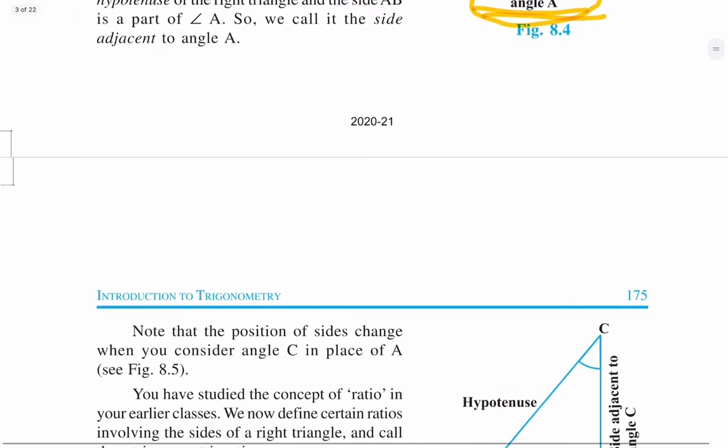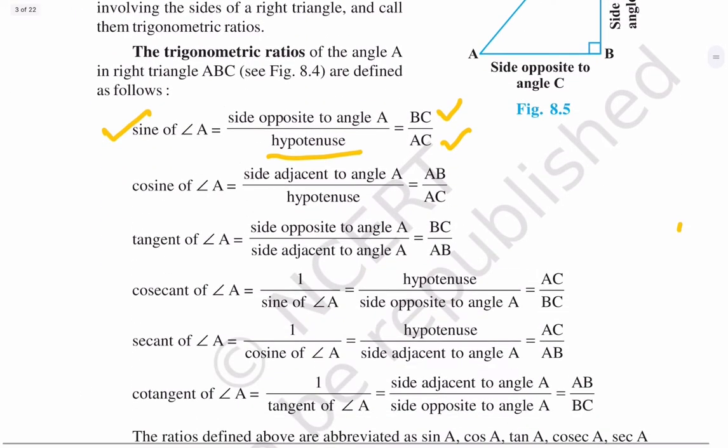So here you can see that for the angle A, sin A is equal to BC by AC, cosine A is equal to AB by AC, and tan A is equal to BC by AB.